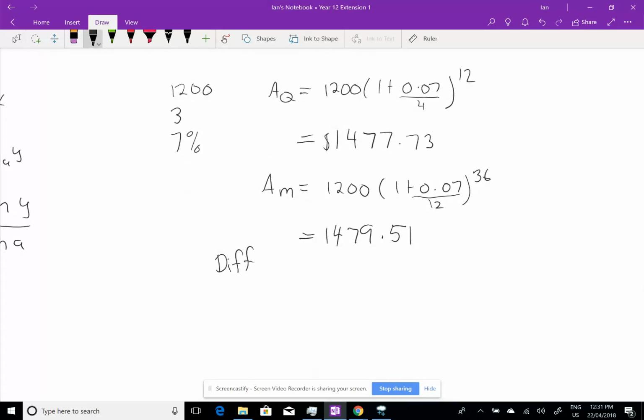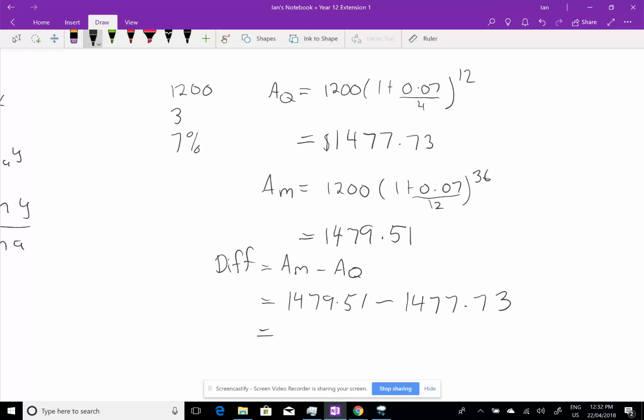Well, the monthly is bigger. So AM minus AQ, which is 1,479.51 minus 1,477.73. So as you can see, not a lot. And I get $1.78, which is not right. It should be $7.68.